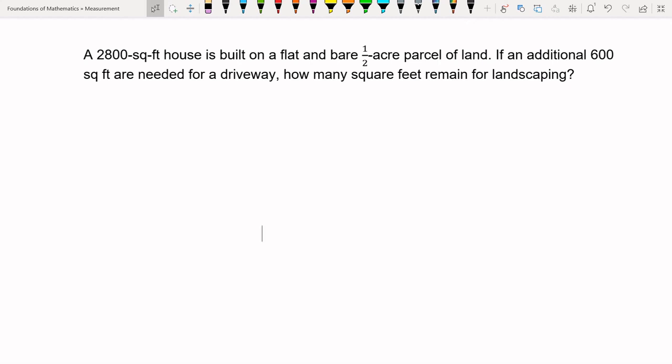Well, we have two things in square feet. You have 2,800 square feet and 600 square feet, and this one is in acres, half acre parcel of land. So let's first change acre to square feet, and then we can see how many square feet remain.